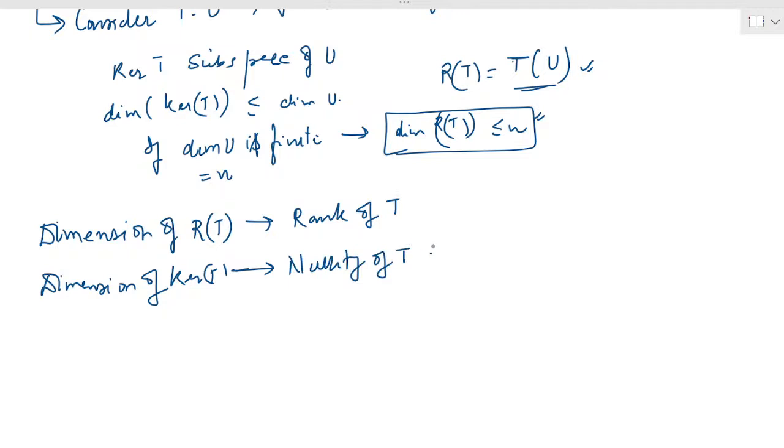This is called the nullity of T. So nullity is nothing but the dimension of kernel T, and rank of T is nothing but the dimension of the range.